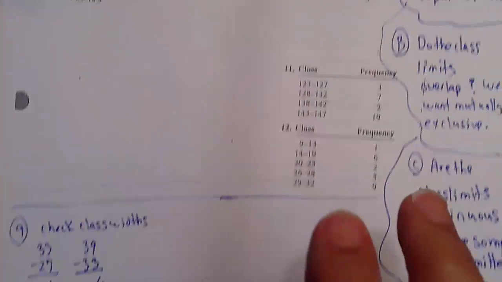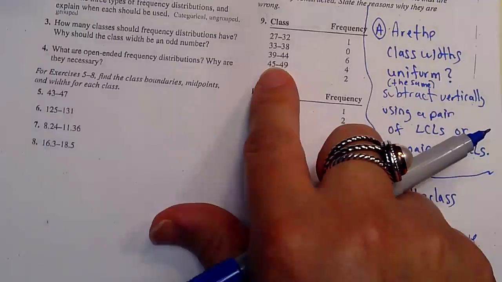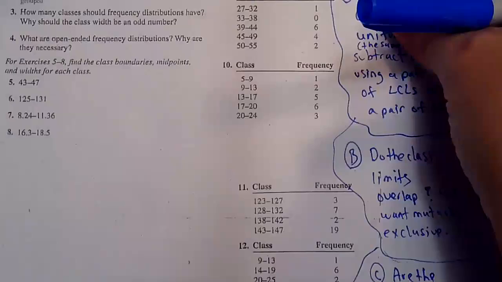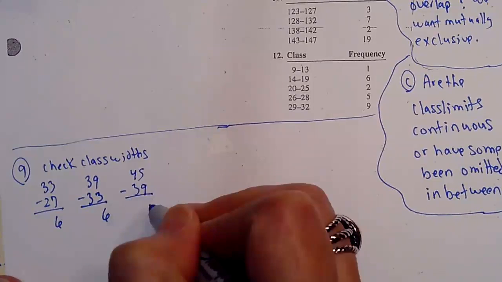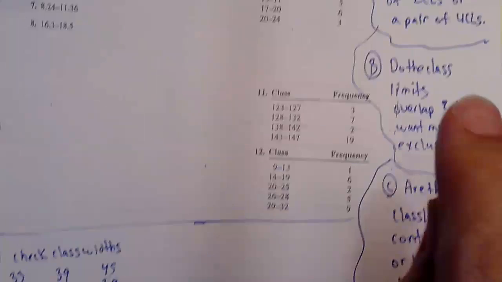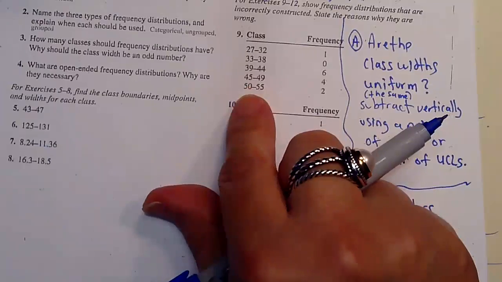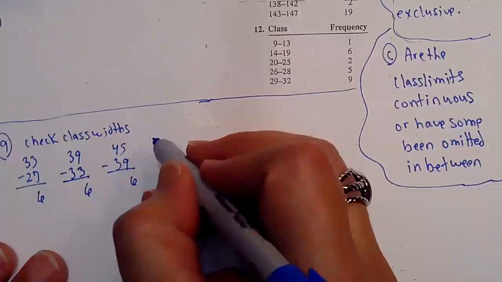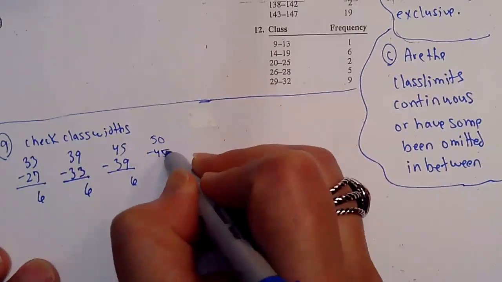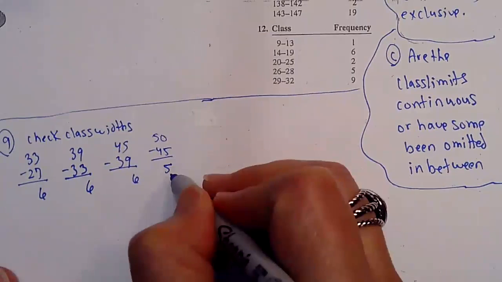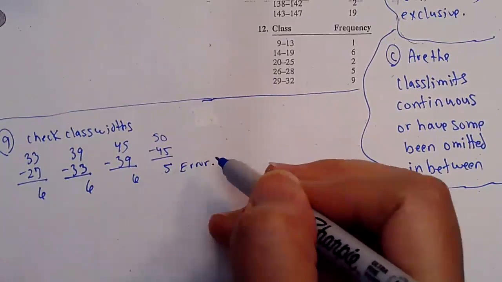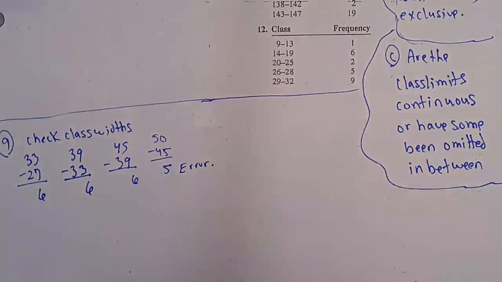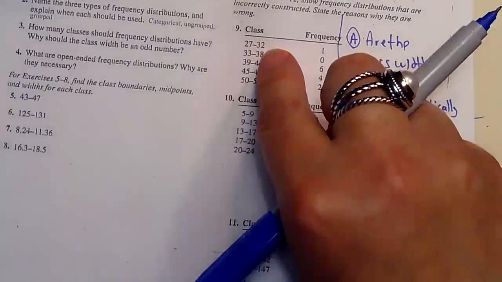Okay, then if I do 45 minus 39, that's also 6. And if I do 50 minus 45, you see right there how I have an error? There's an error right there. So there's no need for me to start doing the other side, because I already found an error right here.